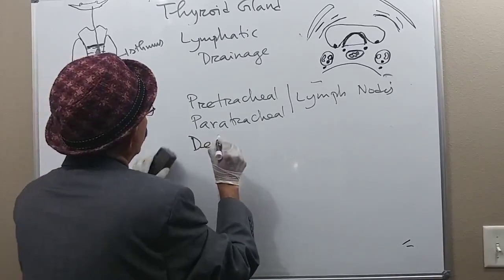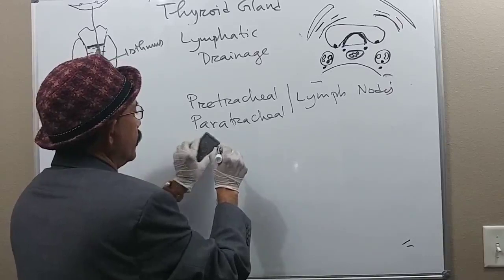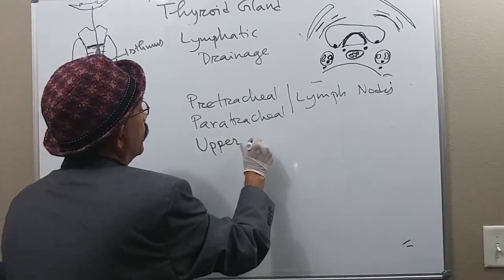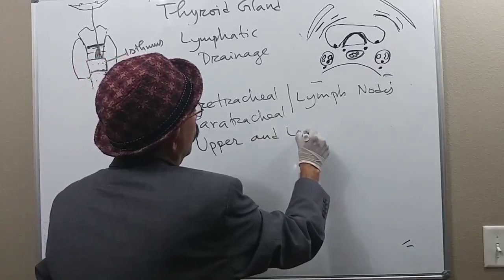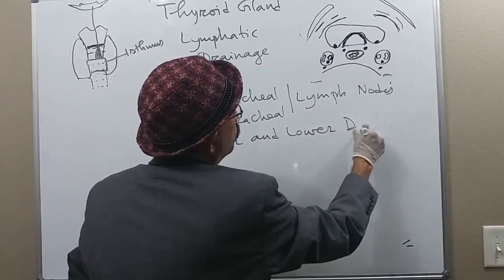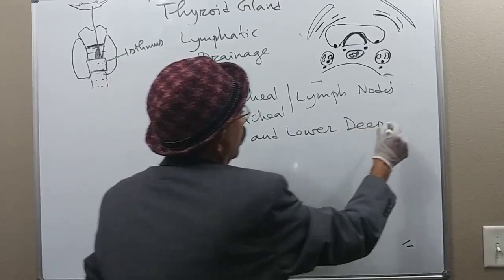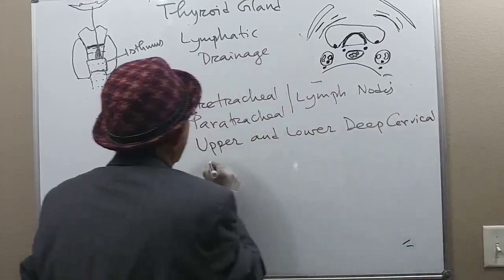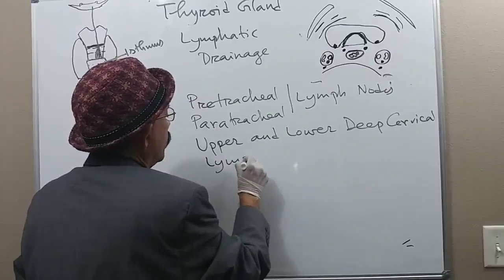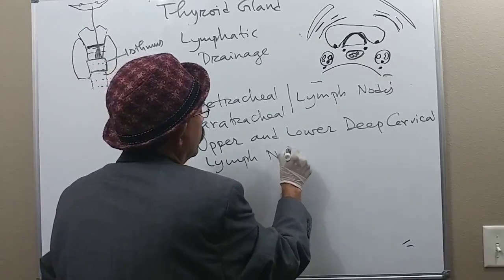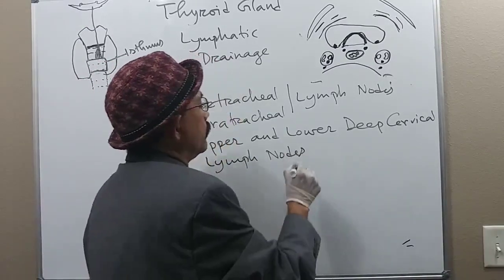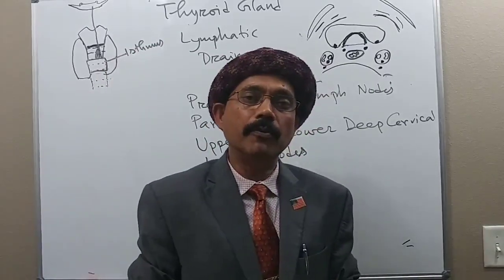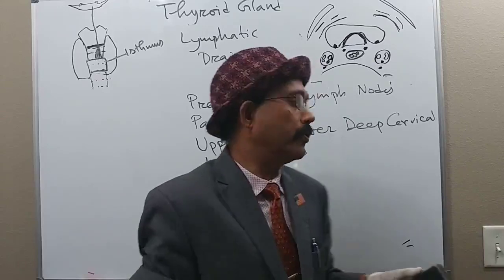We can say superior and inferior deep cervical lymph nodes, or upper and lower deep cervical lymph nodes. Some of the lymphatics may go to the brachiocephalic lymph nodes, and even to the thoracic duct.